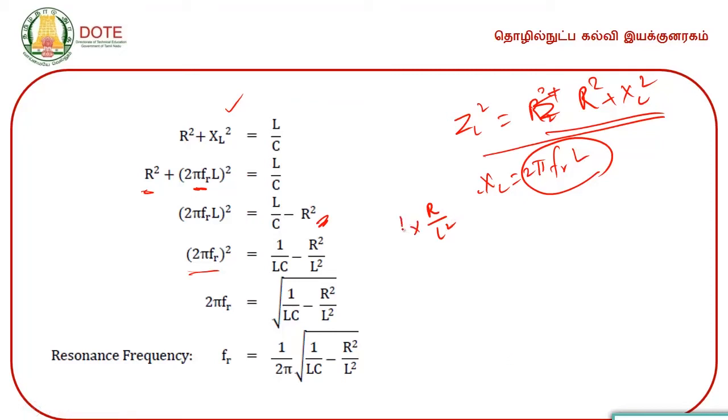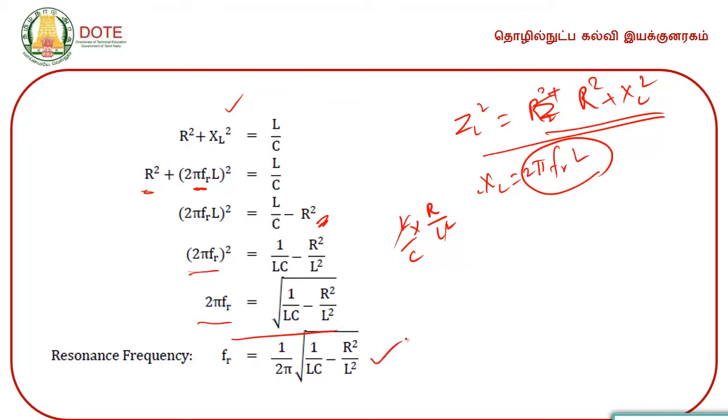Now, taking square root on both sides, 2 pi FR is equal to square root of 1 by LC minus R square by L square.